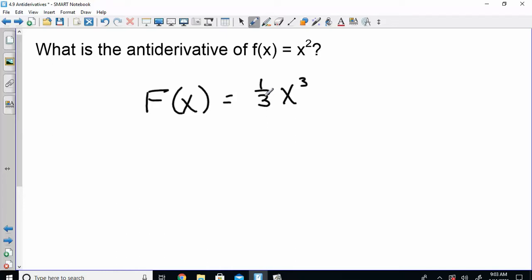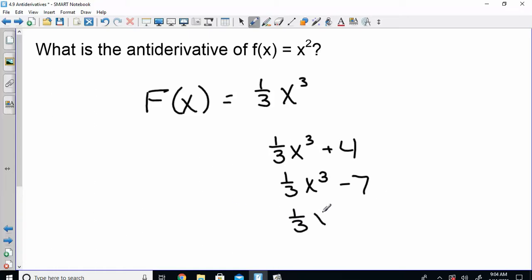Now that's not the only possible antiderivative. What is the derivative of 1/3 x cubed plus 4? It's x squared. What if I said 1/3 x cubed minus 7? It's x squared. If I said 1/3 x cubed plus pi, its derivative is x squared. So there are multiple antiderivatives.